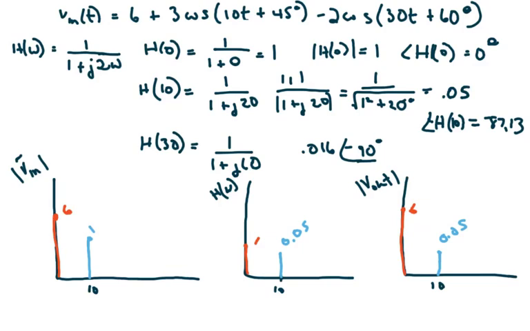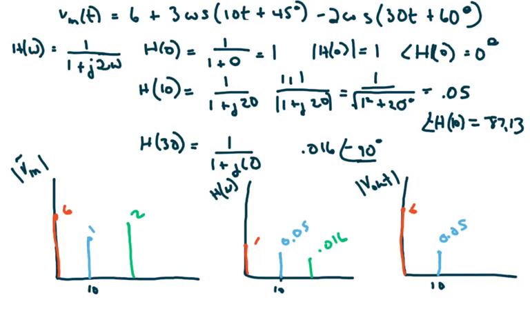Finally, we want to do omega equals 30, and we know that the magnitude of Vin is going to be 2. We know that H at 30 is going to be 0.016, and we multiply the magnitude of Vin times the magnitude of H of omega, and that will give us Vout.